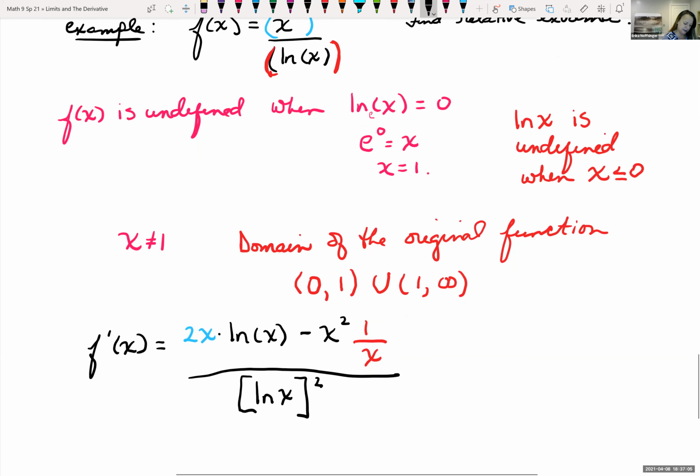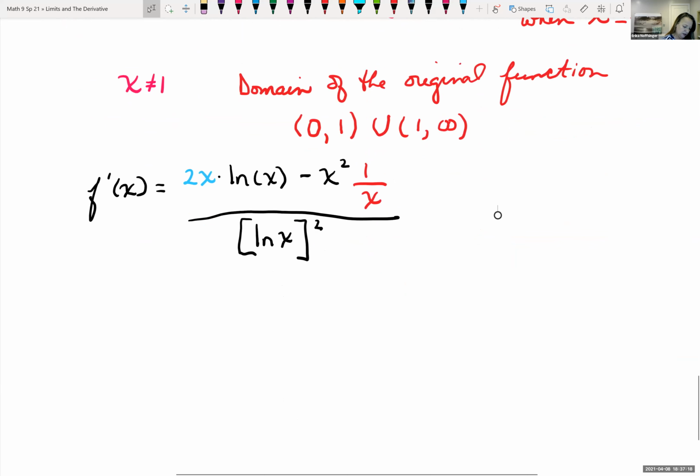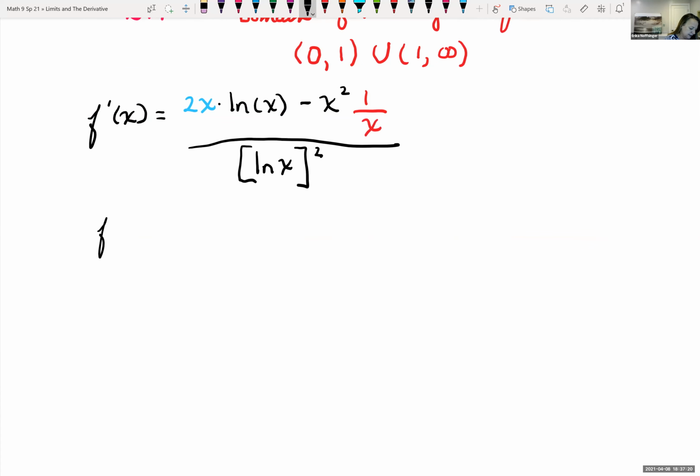So let's clean this up a little bit. Notice that that second grouping in the numerator, we have x squared times 1 over x. So we can simplify that. So f prime of x is equal to 2x natural log of x minus x all over the natural log of x, which is quantity squared.